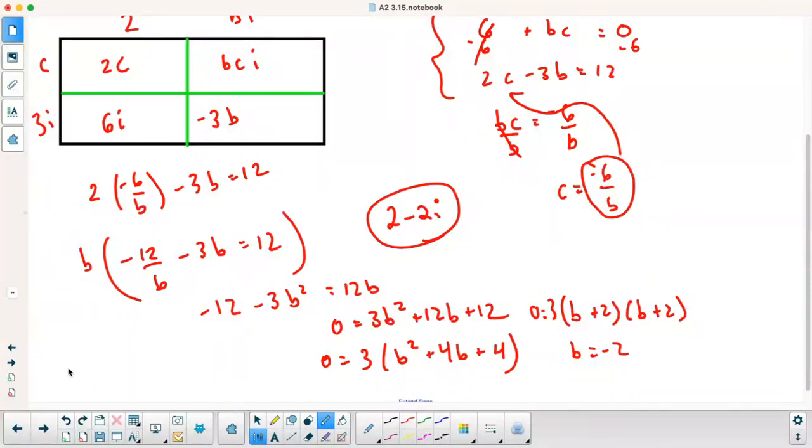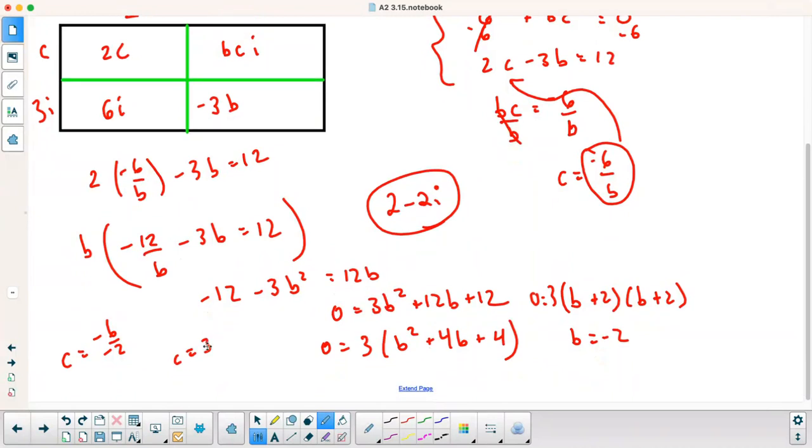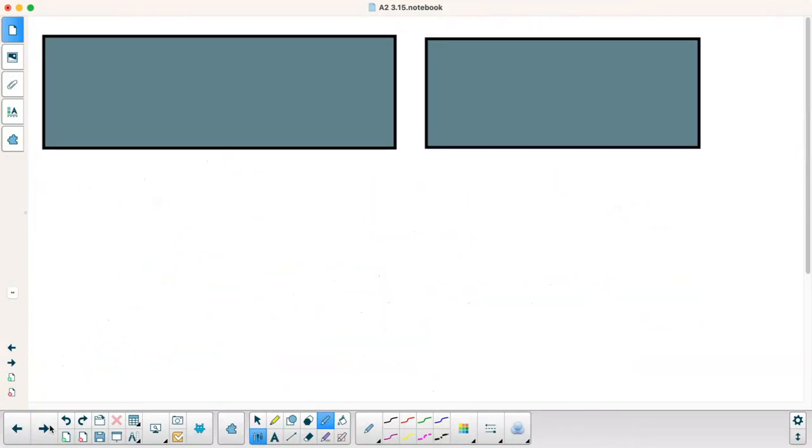So c is going to be -6 over -2, which would mean c equals 3, which would mean 3 plus 3i would be my other number. All right. A little bit harder there with the algebra, but same general idea. You need two equations. You have to do a system of equations to solve them.